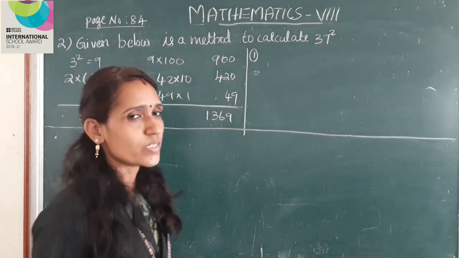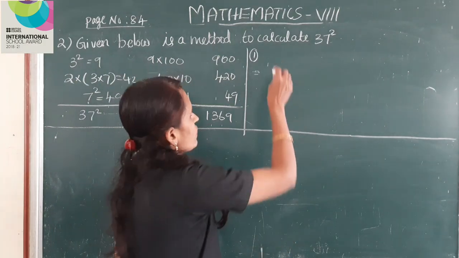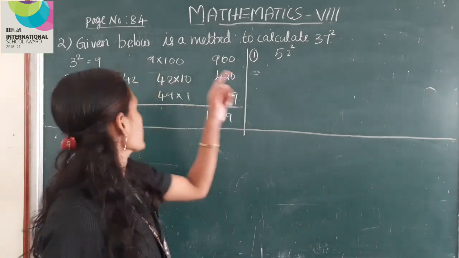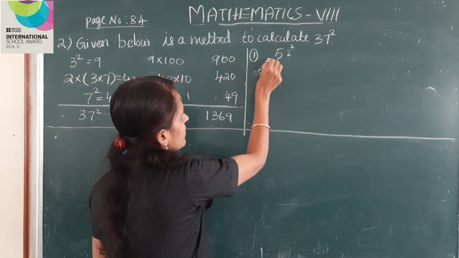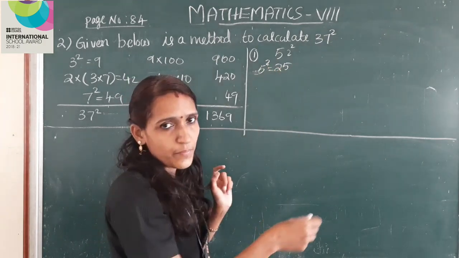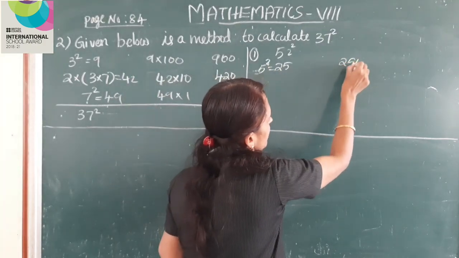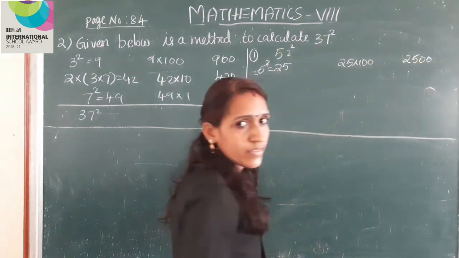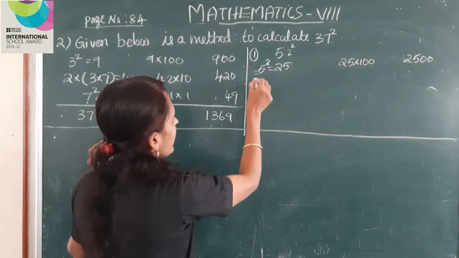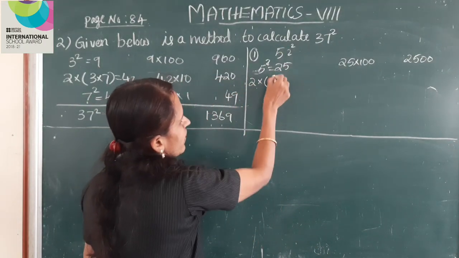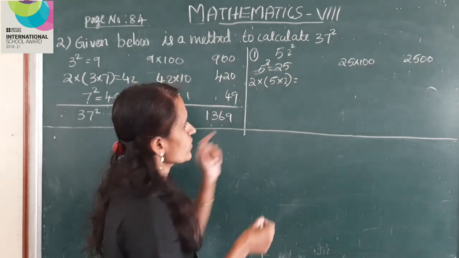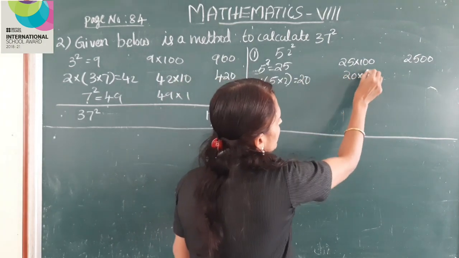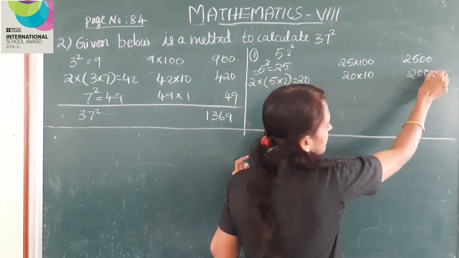Okay, so first let's do 52 square. Here 5 square is equal to 25. 25 into 100 is equal to 2500. Next, 2 times 5 into 2. This is equal to 5 into 2, 10, 10 into 2, 20, 20 into 10 is equal to 200.